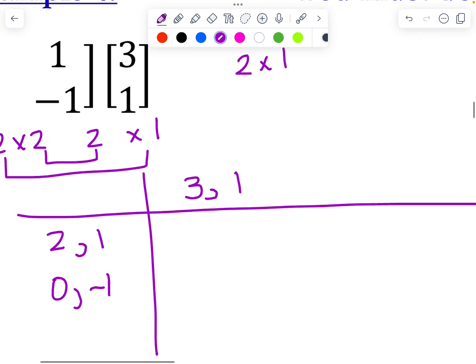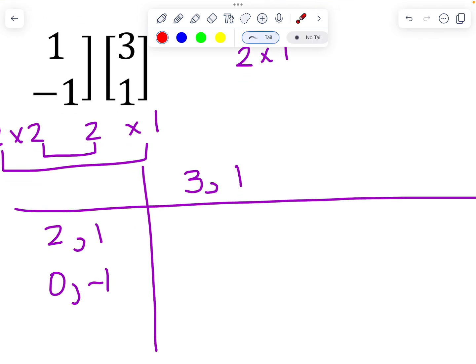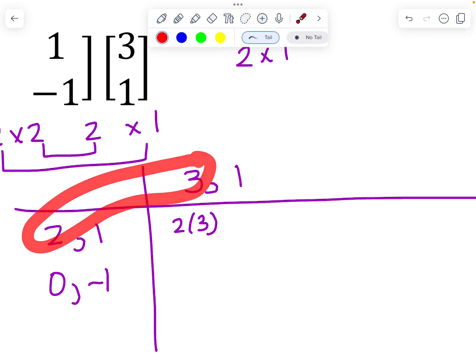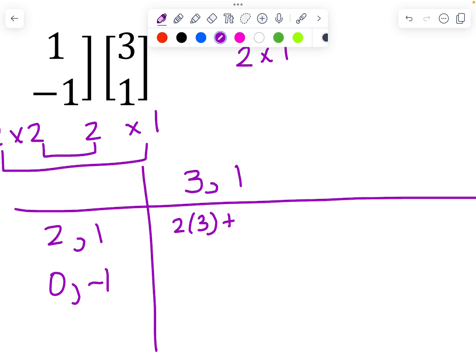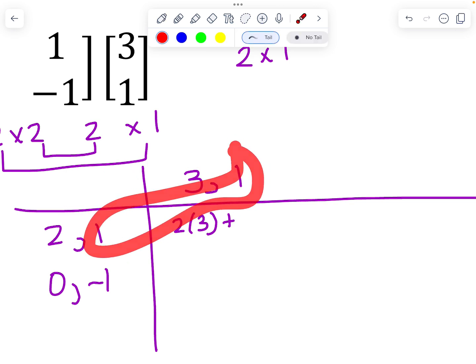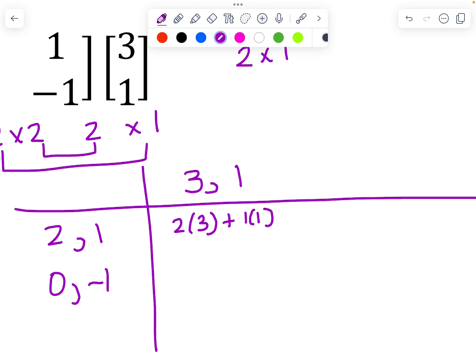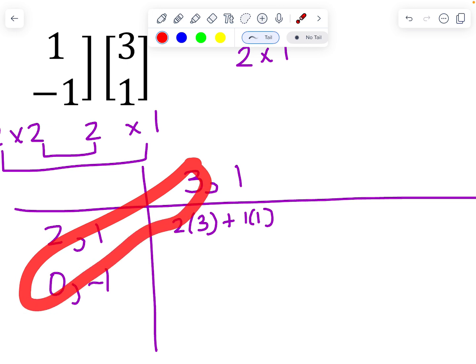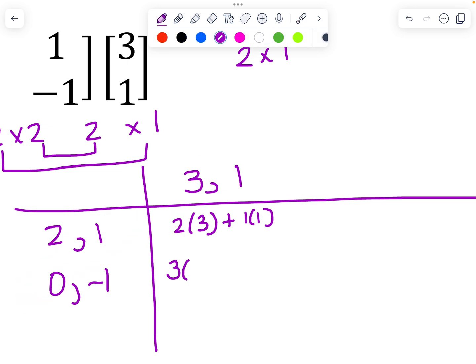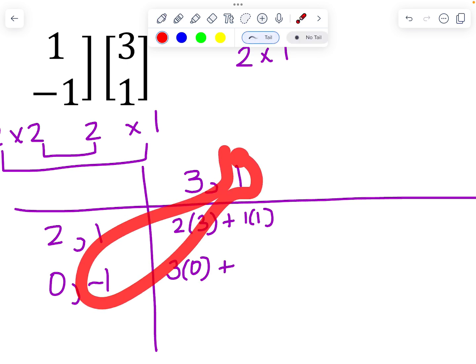So when I multiply, I'm going to multiply 2 times 3, and then plus 1 times 1. I'm going to do the same thing: 3 times 0, and then 1 times negative 1.